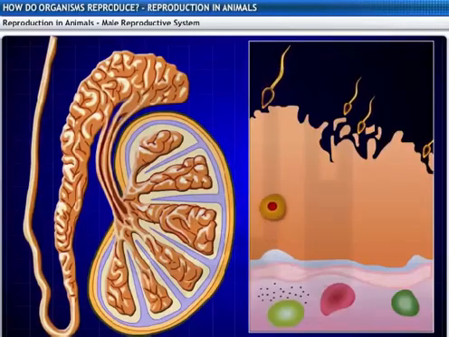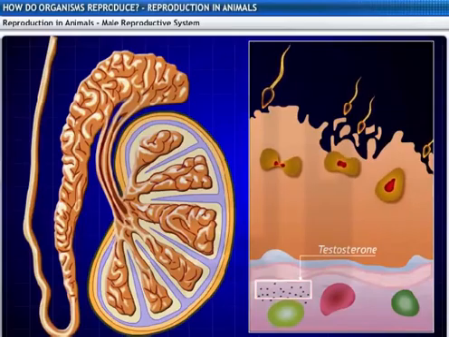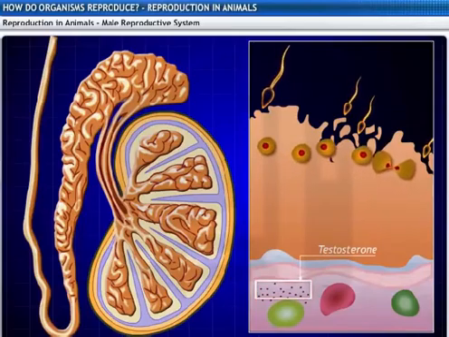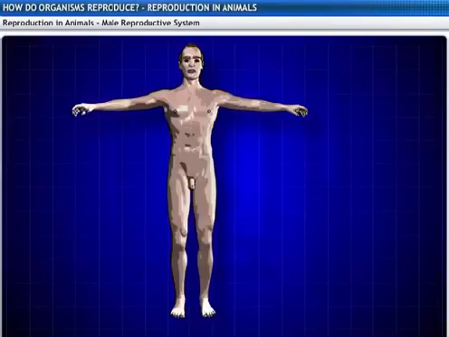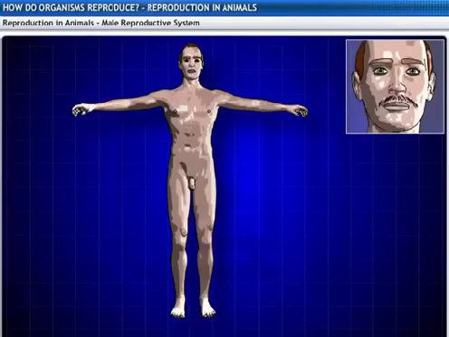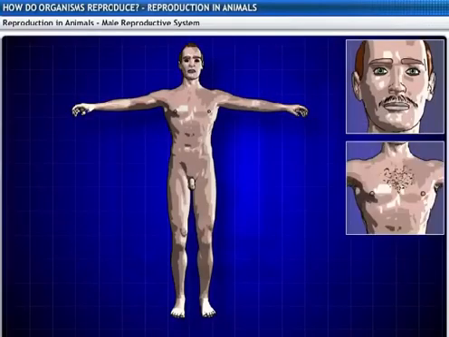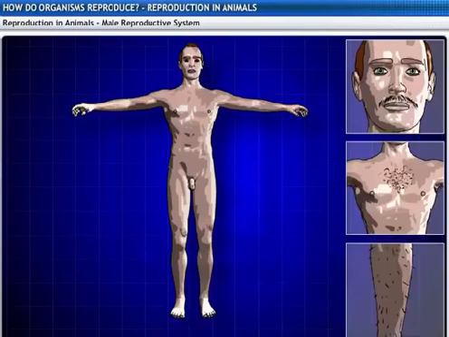After the sperms are formed, their development is regulated by the hormone testosterone. It not only regulates but also helps in the development of the secondary sexual characters, leading to puberty.